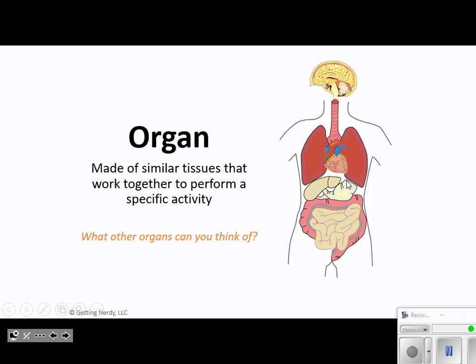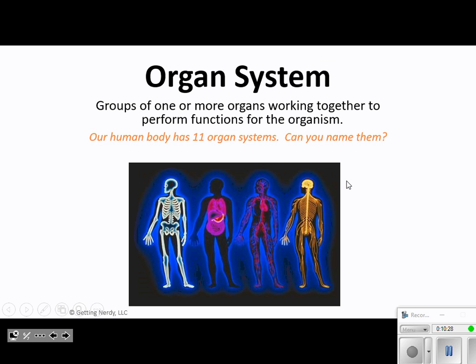Believe it or not, folks, I could probably lose a couple of pounds and be a little bit healthier. But nonetheless, if we have these organs working together, we have an organ system. An organ system is a group of one or more organs working together to perform functions for the specific organism.